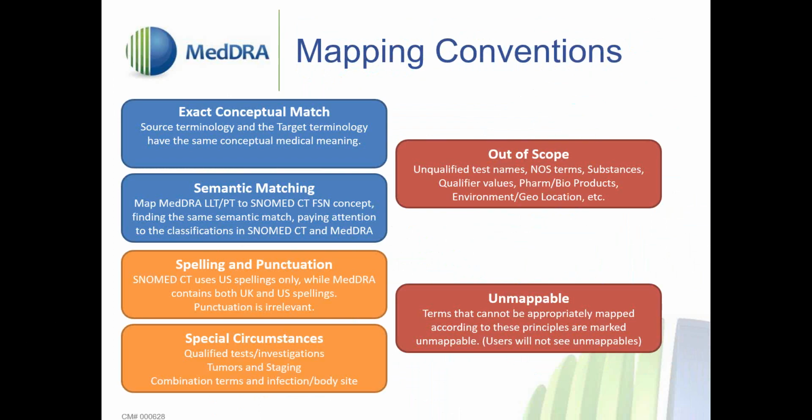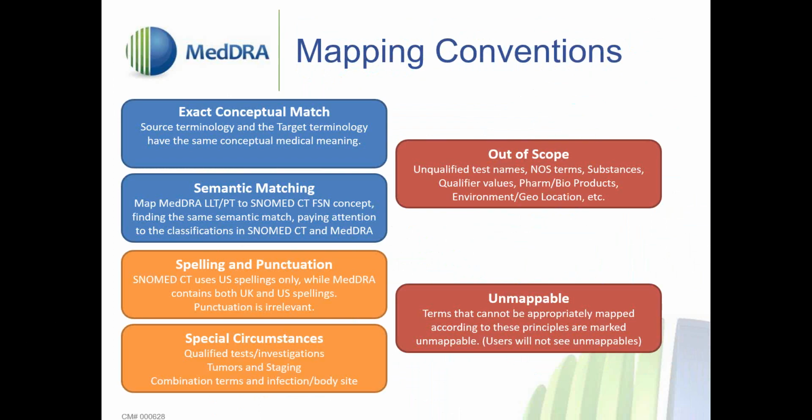Now, in the red boxes, there are two things to be aware of as a user of the maps. There were a variety of terms or categories of terms that were determined to be out of scope. On the MedDRA side, unqualified test names and NOS terms were determined to be out of scope for purposes of the map.